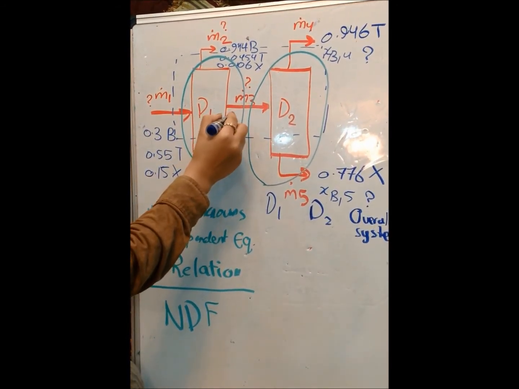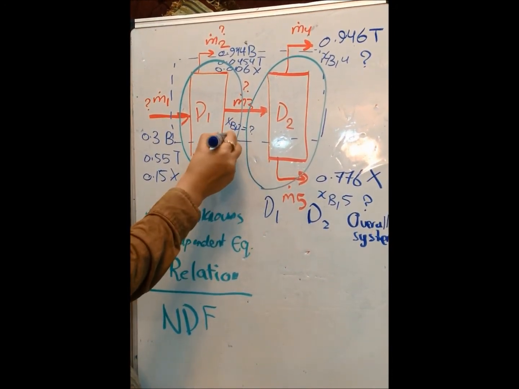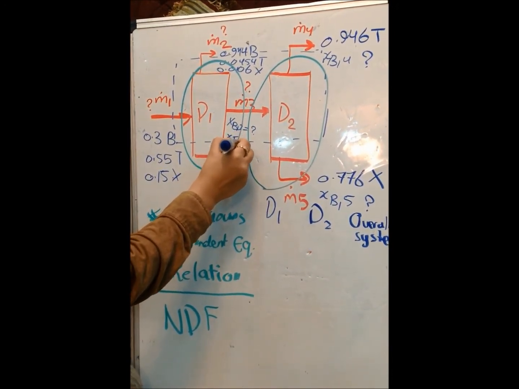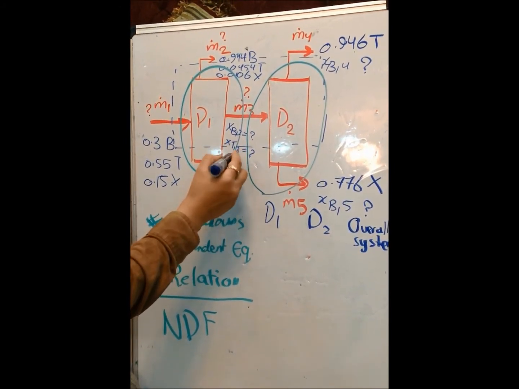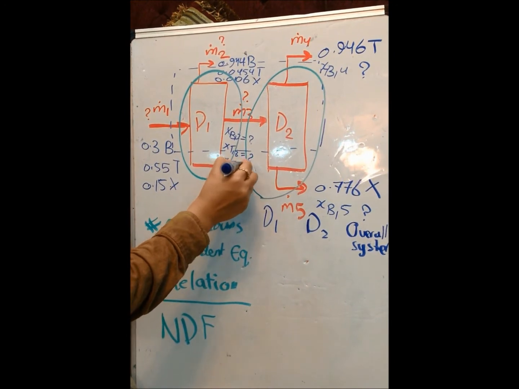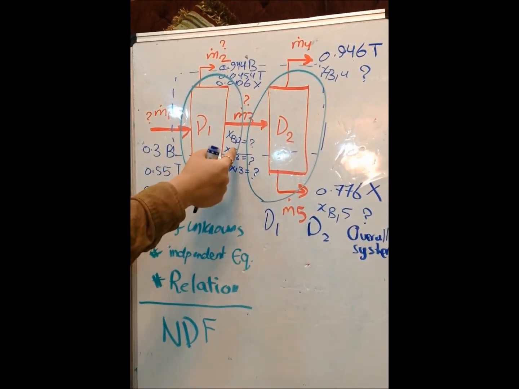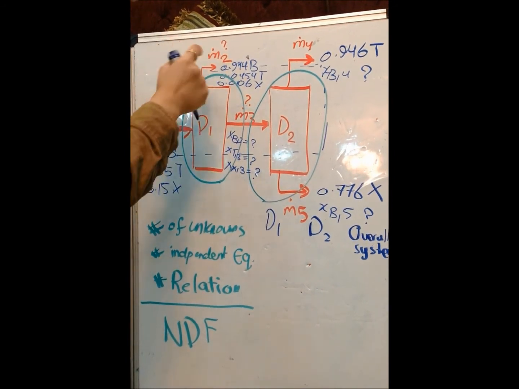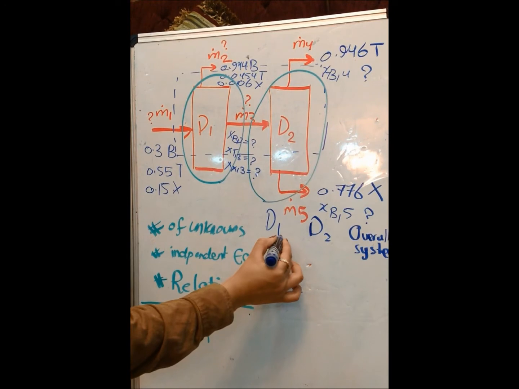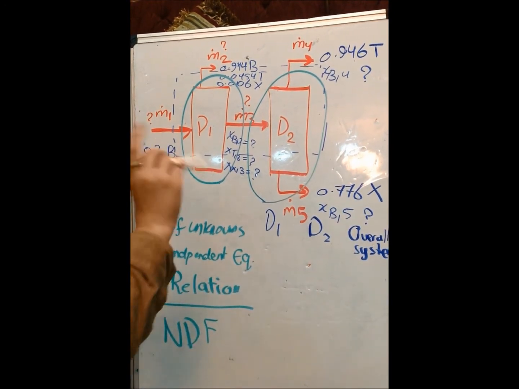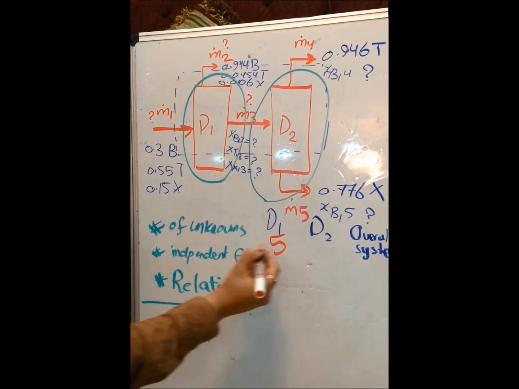So X for benzene in the third one, we don't know it, and also for the toluene and the xylene in the third one we don't know it. So we will consider these 3 unknowns in addition to the mass flow rate for the second one and the first one to be 5 unknowns. So we have 5 unknowns here.